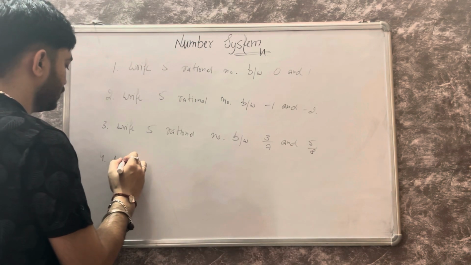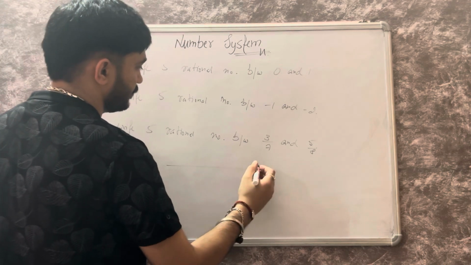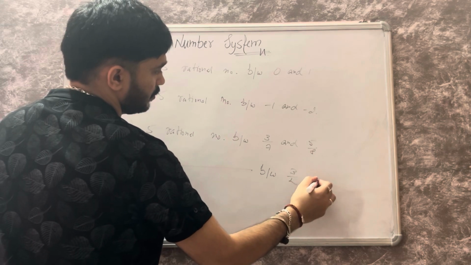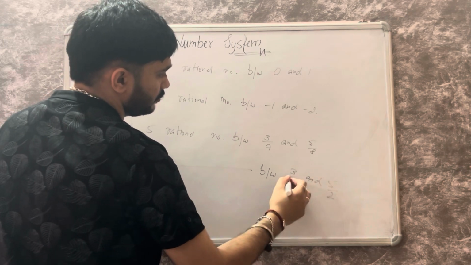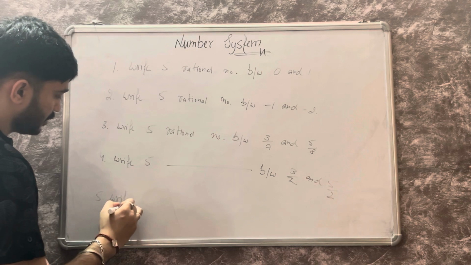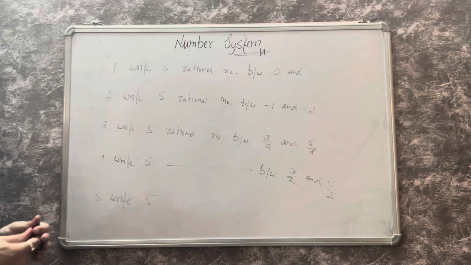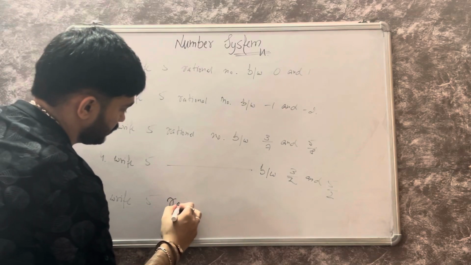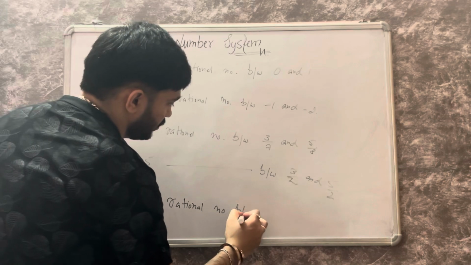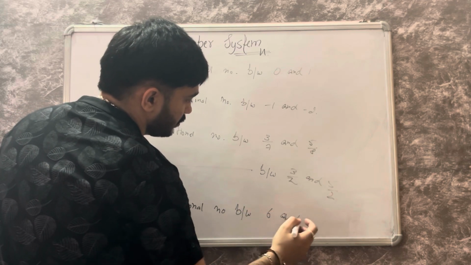Fourth is, write 5 rational numbers between 3 by 2 and 5 by 2. And fifth is, write 5 rational numbers between 6 and 7.